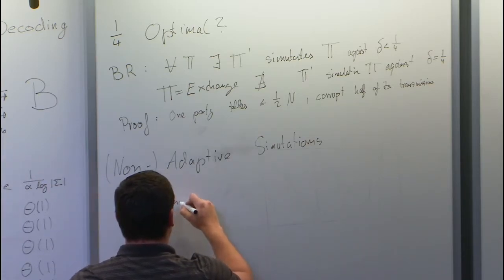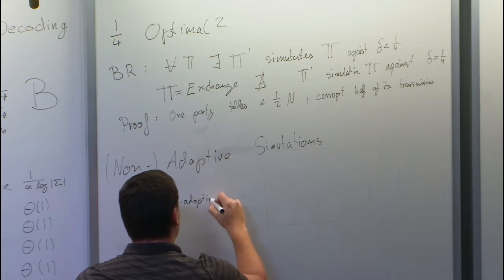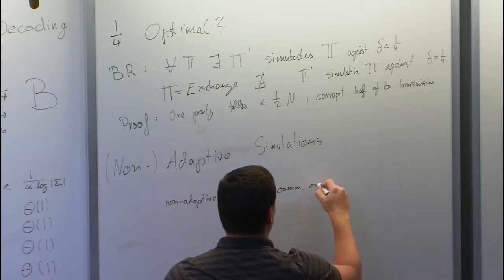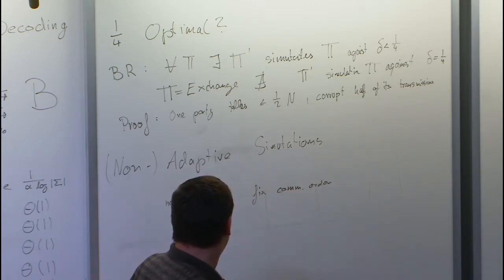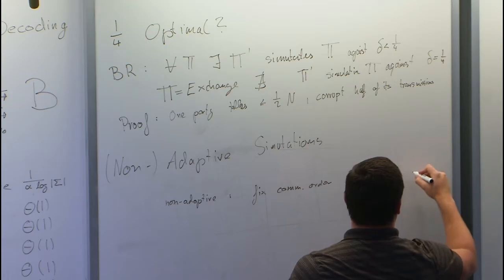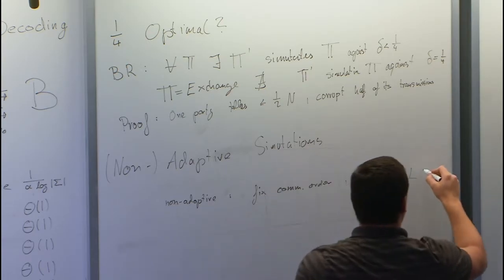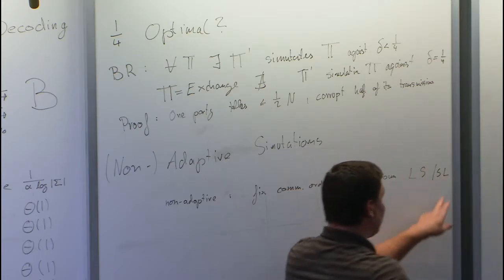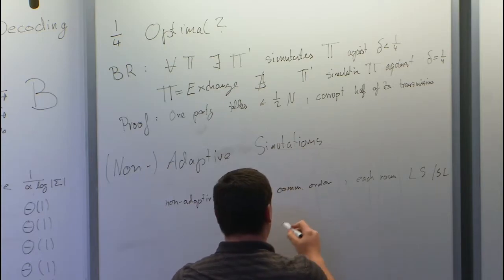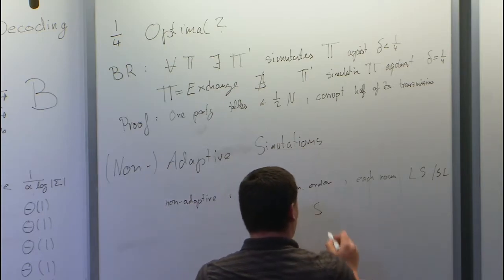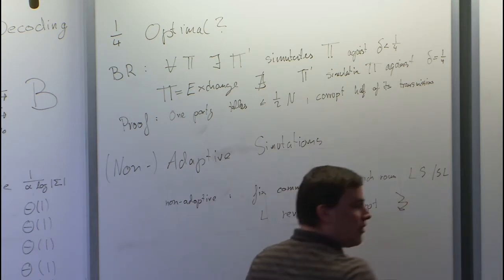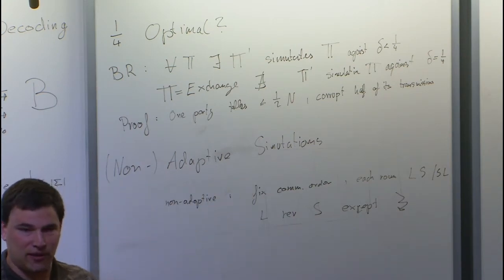Non-adaptive just means we have a fixed communication order, and each round either Alice listens and Bob speaks, or Bob speaks and Alice listens. And then whoever listens receives what is spoken, except when the adversary interferes. And that won't happen too often. Right? That's the standard model.